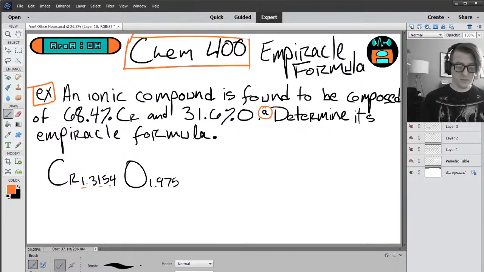And again, 3 sig figs in each of these. The nice thing about empirical formula problems is this is one of the rare instances where we don't have to worry too much about sig figs. So this is the correct ratio for the empirical formula.